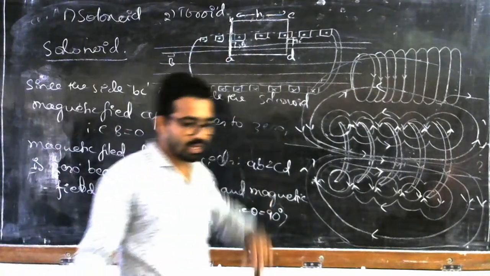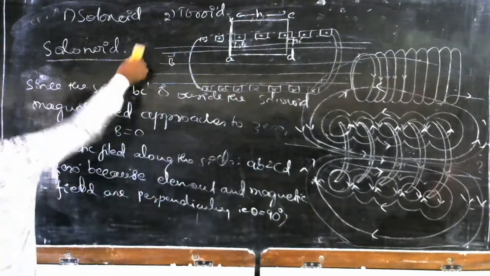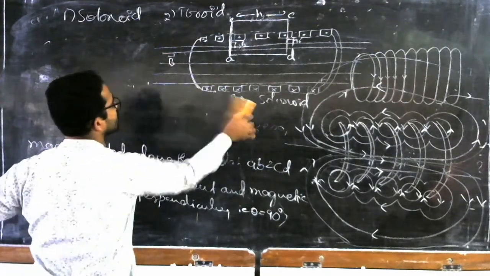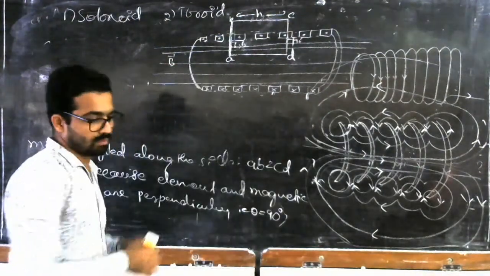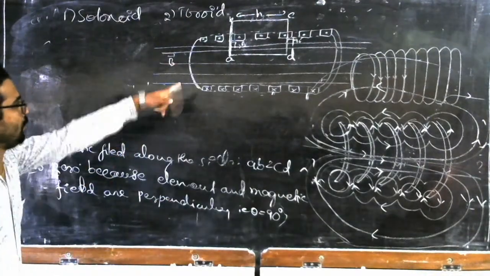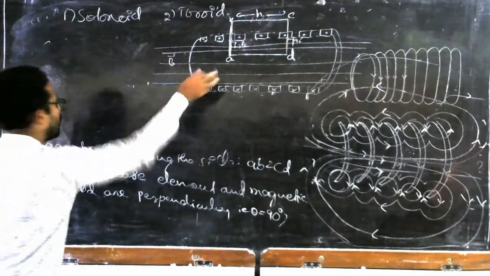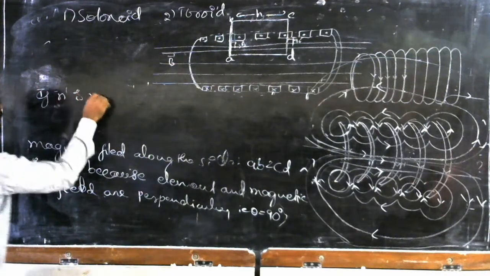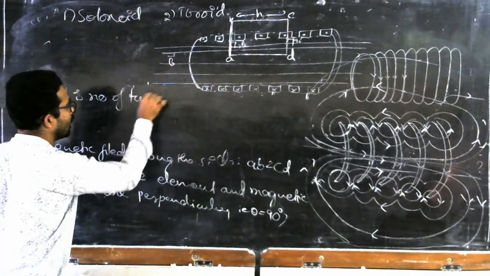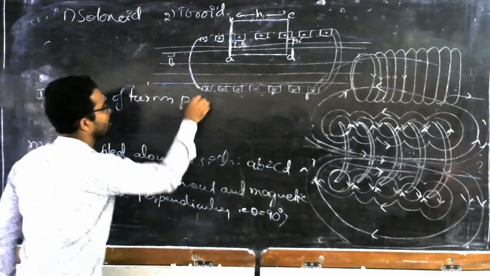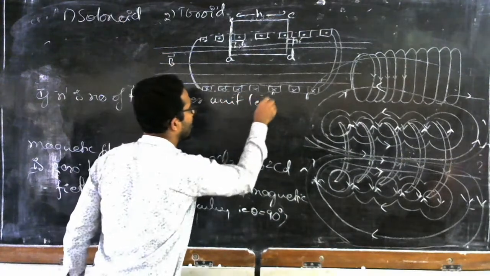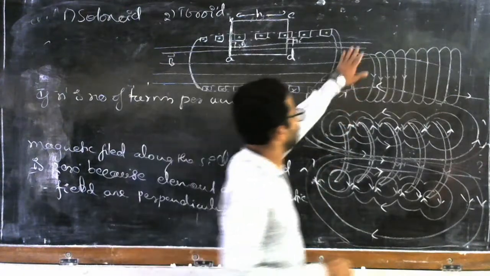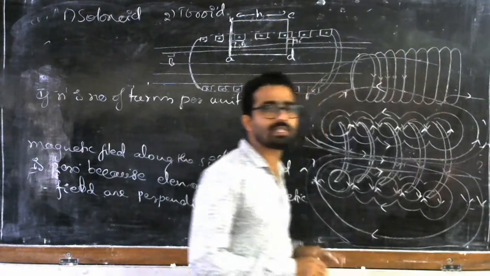Then where can you have the magnetic field? Only along AD. So let me write. To find out the magnetic field along AD, if N is the number of turns per unit length, for a very small length there are N turns. There are a large number of turns in a solenoid.